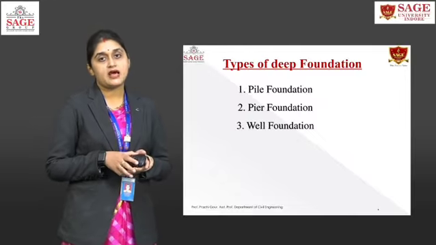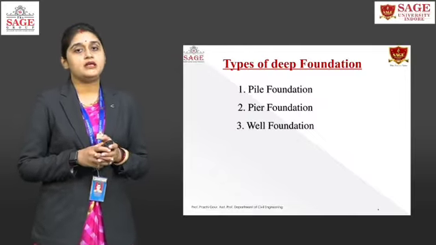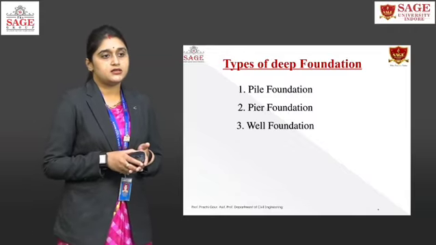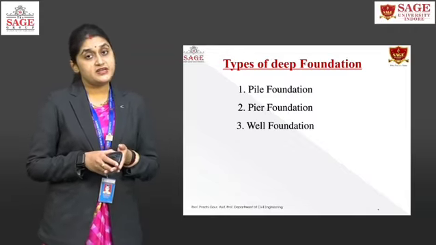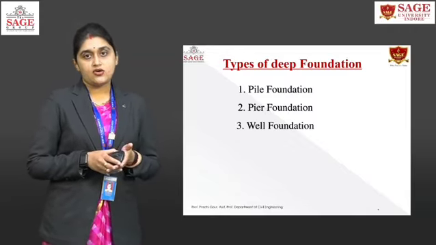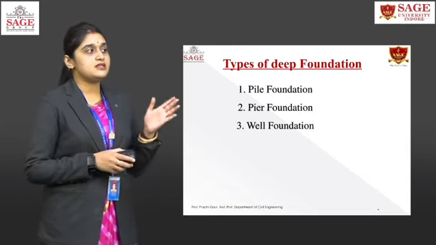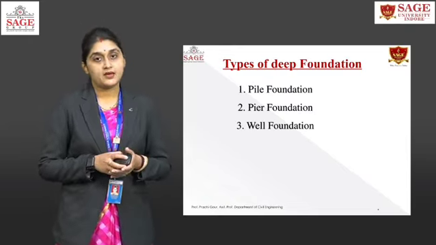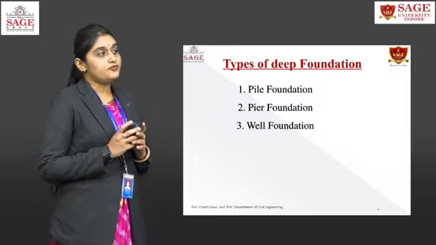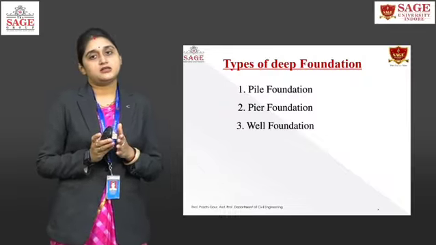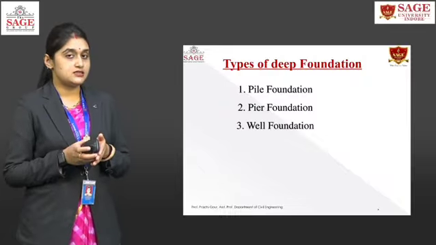These are the three main types of deep foundation which are commonly used. There are other types as well that we have seen in the previous slides, such as caissons, which are also a category of deep foundation, but these are the three most common types.